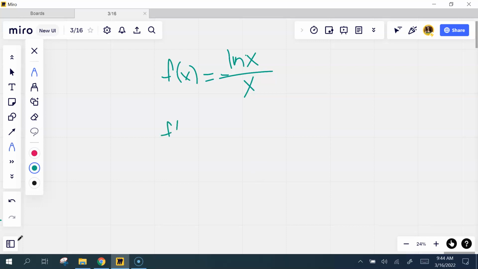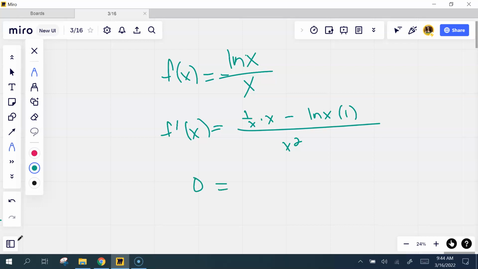So the derivative here, root of the top times the bottom minus the top times root of the bottom all over bottom squared. Where does the 0 equal? Well, remember those quick ones that we went through? 1 minus log x over x squared.